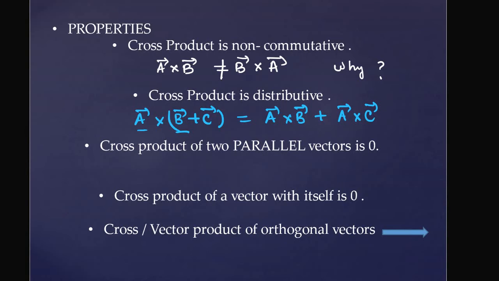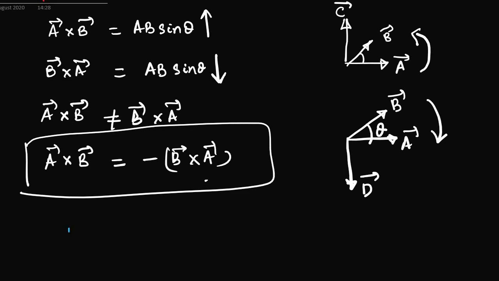Third one: cross product of two parallel vectors is 0. How so? If I am going to write A cross B, I am going to write AB sine theta. What is theta here? What is the angle between them? I am talking about two parallel vectors. If A and B are parallel to each other, what will be the angle between them?